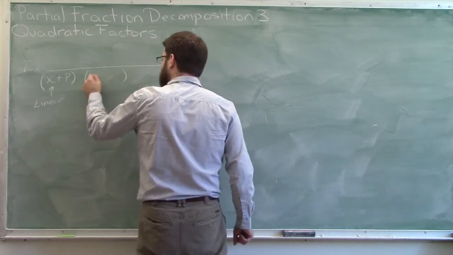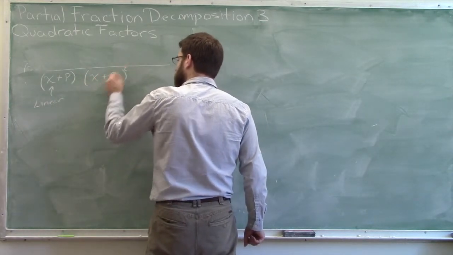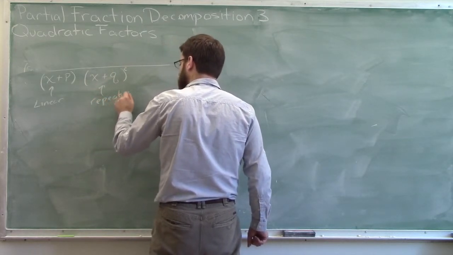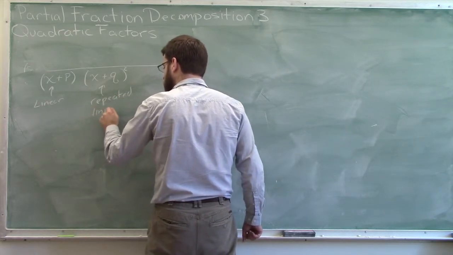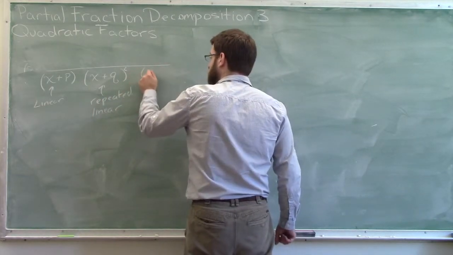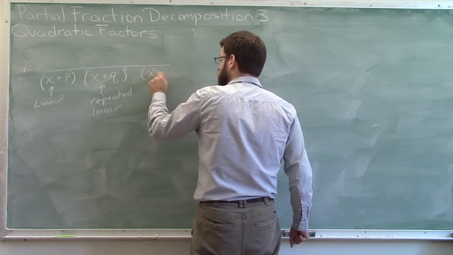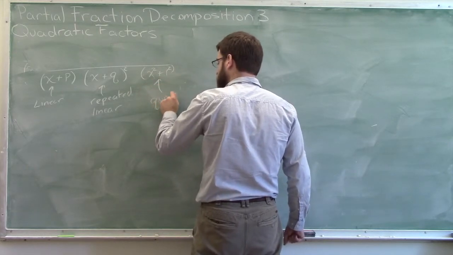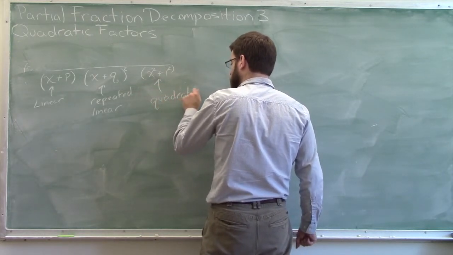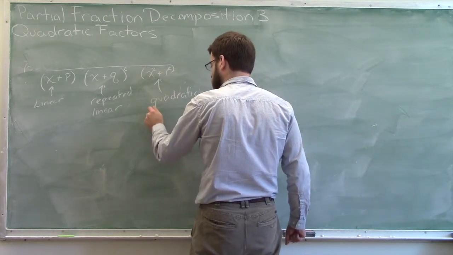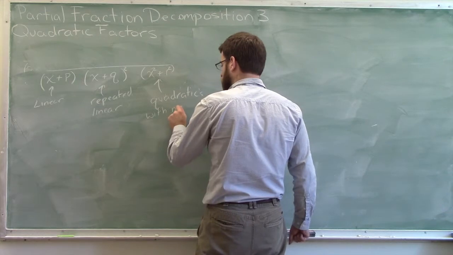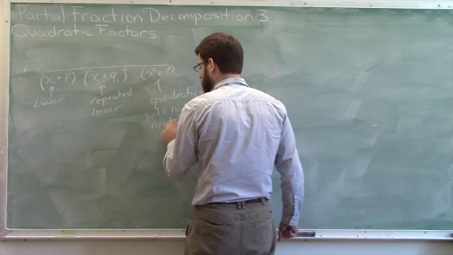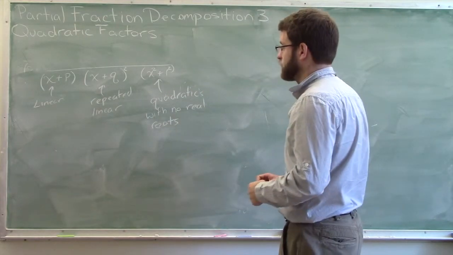You might see repeated linear factors. Or you might see things like x squared plus, how about r squared, quadratics with no real roots. Another term for that is called an irreducible quadratic factor, right?